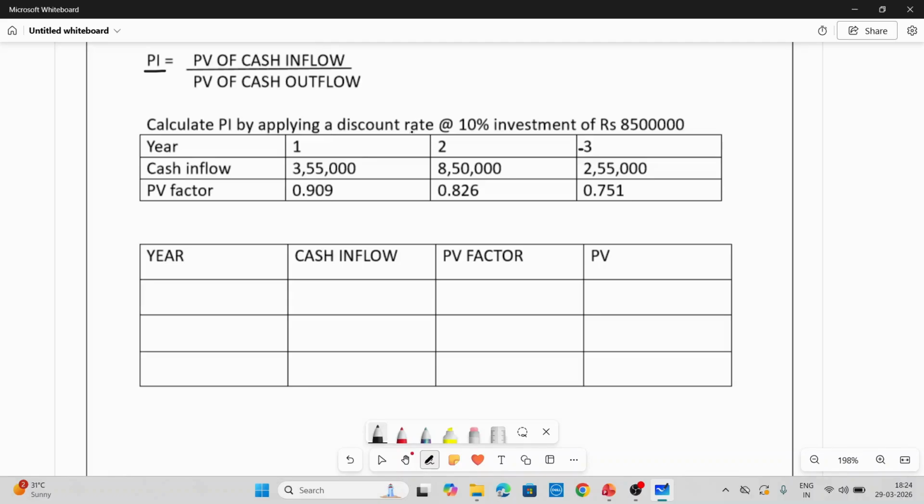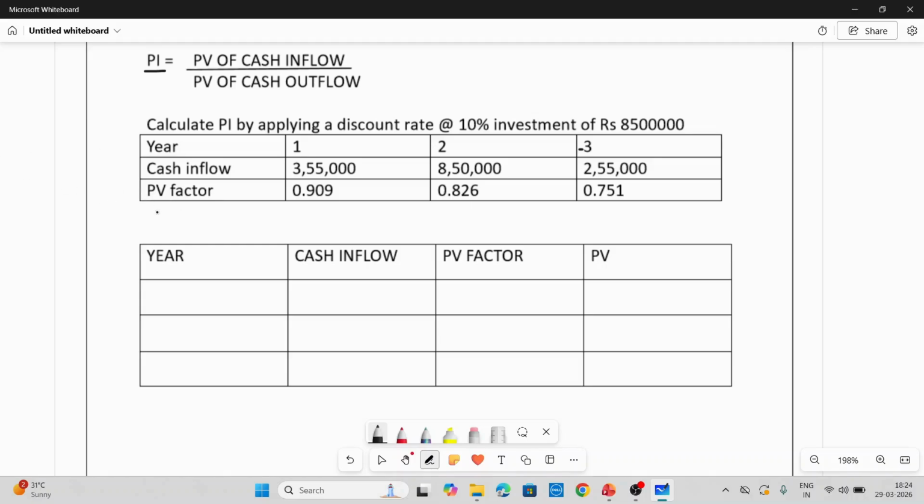Calculate PI by applying a discount rate of 10% on an investment of rupees 85 lakh. There are 3 years, year 1, 2 and 3. There are 3 cash inflows. For year 1 it's 3,55,000, for year 2 it's 8,50,000, for year 3 it's 2,55,000. PV factor for year 1 is 0.909, for second year 0.826 and for third year 0.751.